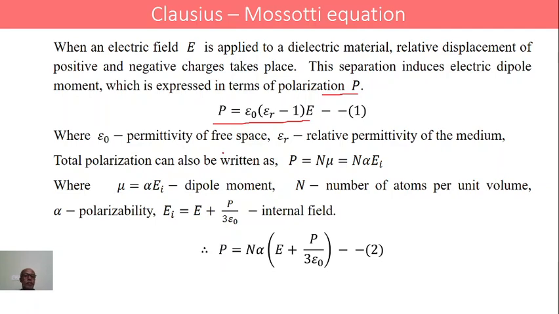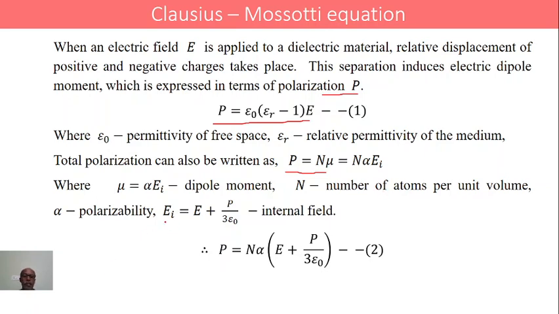The total polarization is also given by the expression P equals N mu, or in other words N alpha E_i, where N is the number of atoms per unit volume of the specimen, mu is called the dipole moment, alpha is the polarizability, and E_i is the internal field that we have studied in the earlier slides.